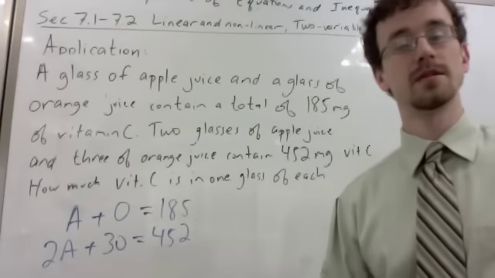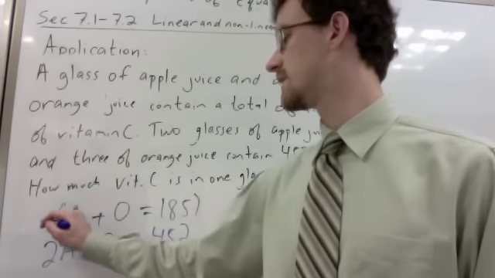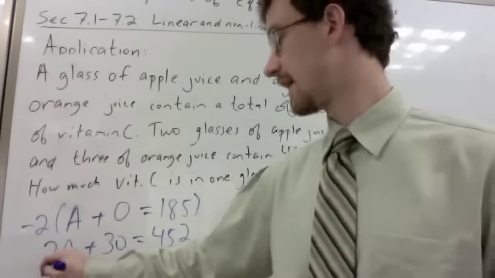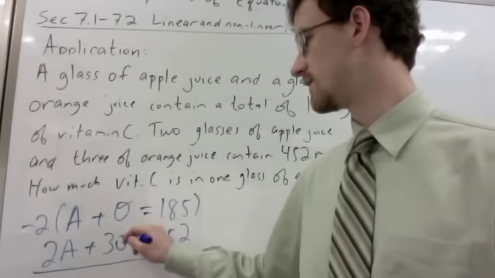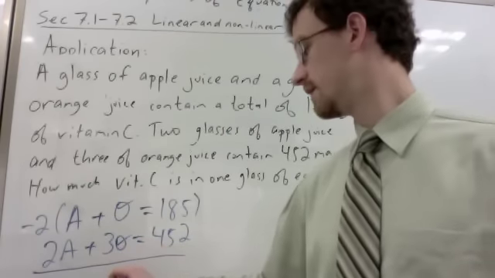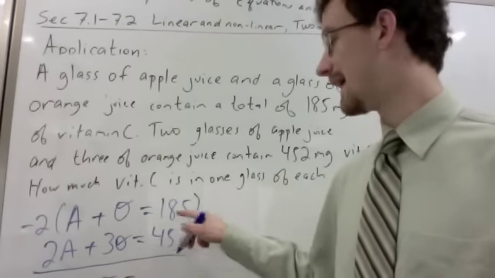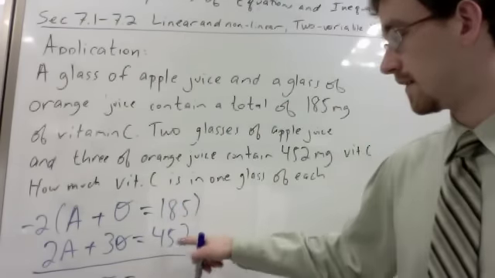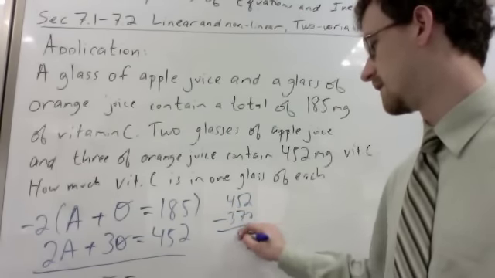And once we have our system written, we can solve it using whatever method we like. I will multiply this first equation by -2. -2a plus 2a cancels out, giving us 0. -2o, I should make this a cursive o so we don't get it confused with zeros. -2o plus 3o gives us just o. -2 times 185 is -370. 452 minus 370 is 82.